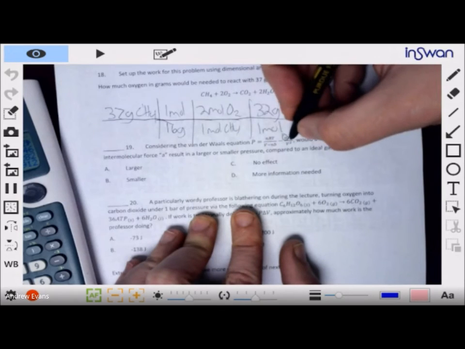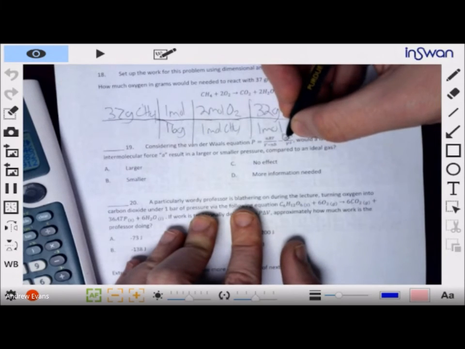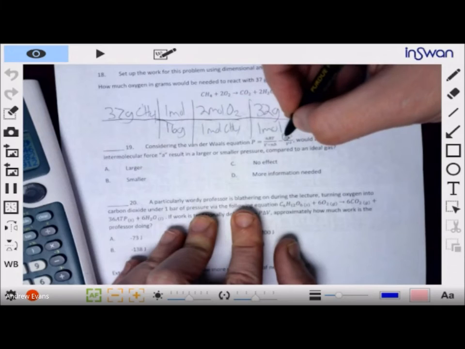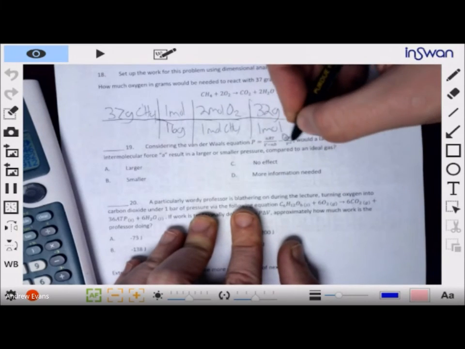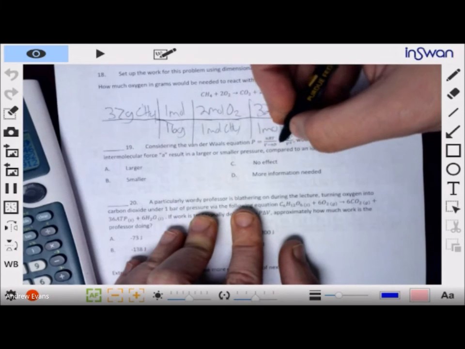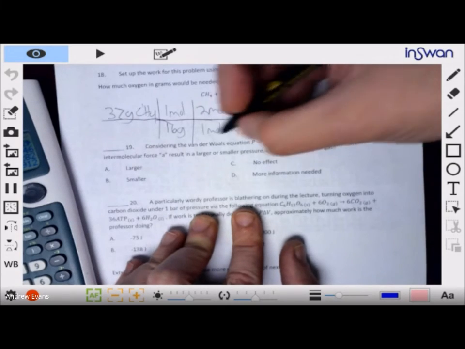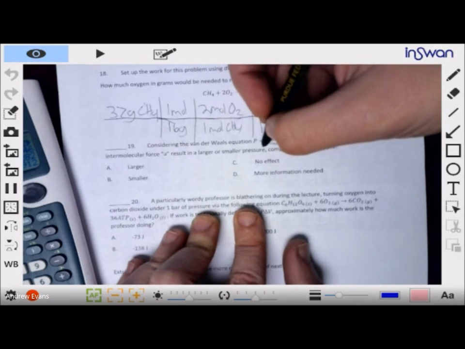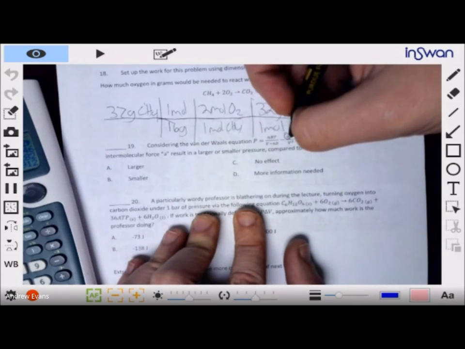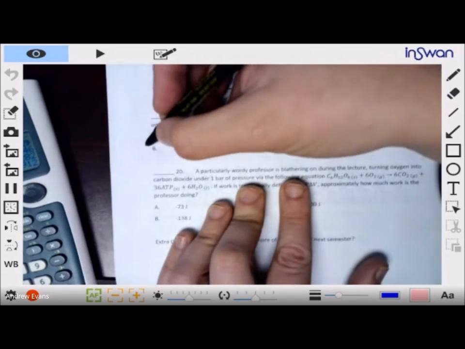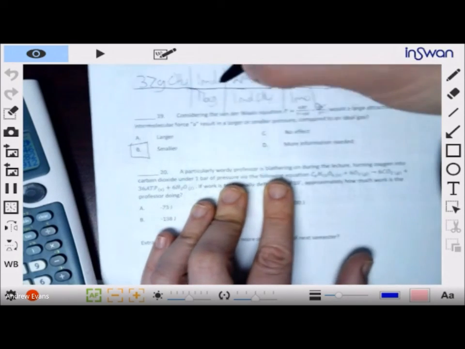Literally, you just need to plug a number in and think about it. If a was 50, any number minus 50 times whatever this fraction is, would that be larger or smaller than it initially is? Hopefully you'll say any number minus a positive number would be smaller. So the correct answer is B, smaller.